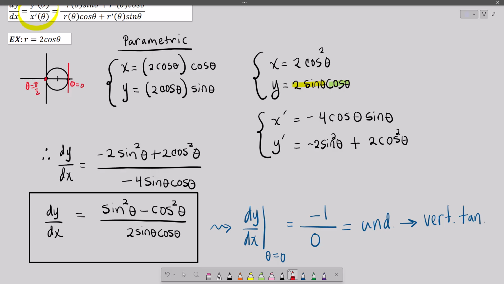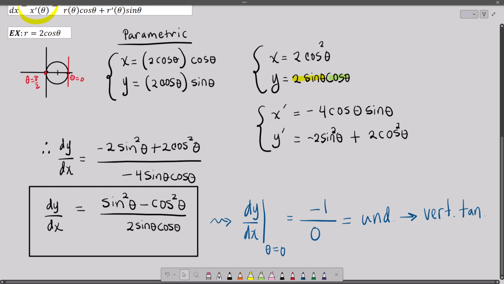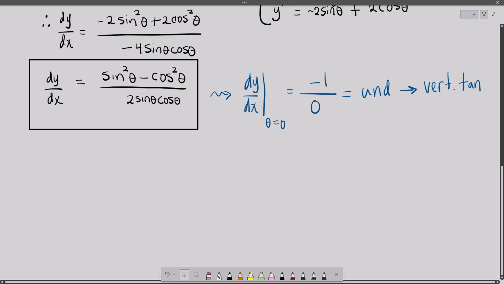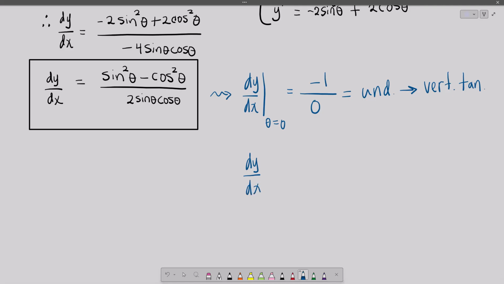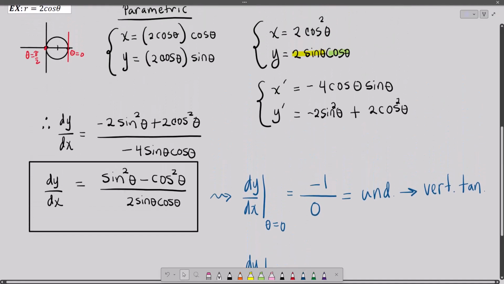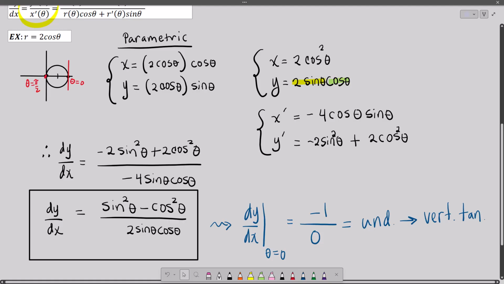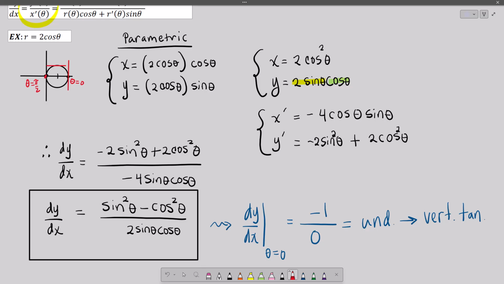Pi over 4. Pi over 4 is what we would hope. We can tell very easily, because at the top of this circle, what should the derivative be? 0. We have a horizontal line. So if pi over 4 truly generates the top of the circle, the derivative should be 0 because a horizontal tangent line has a slope of 0.